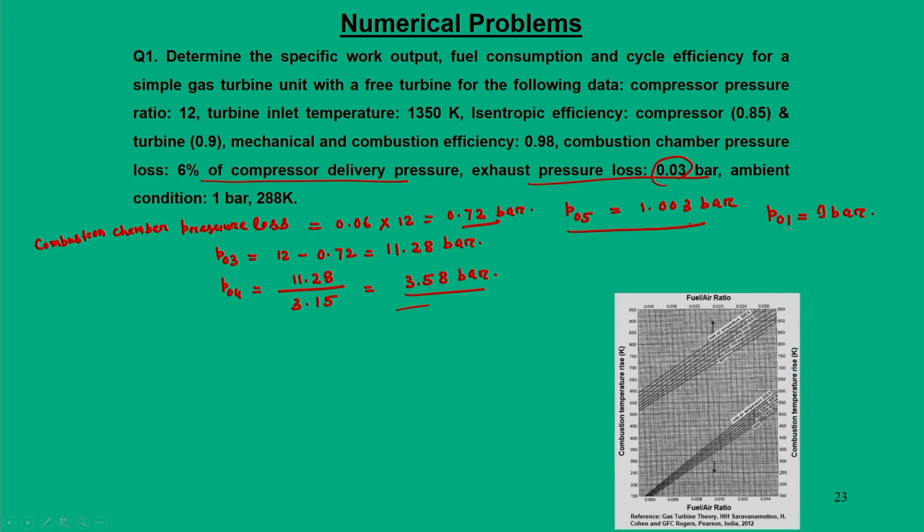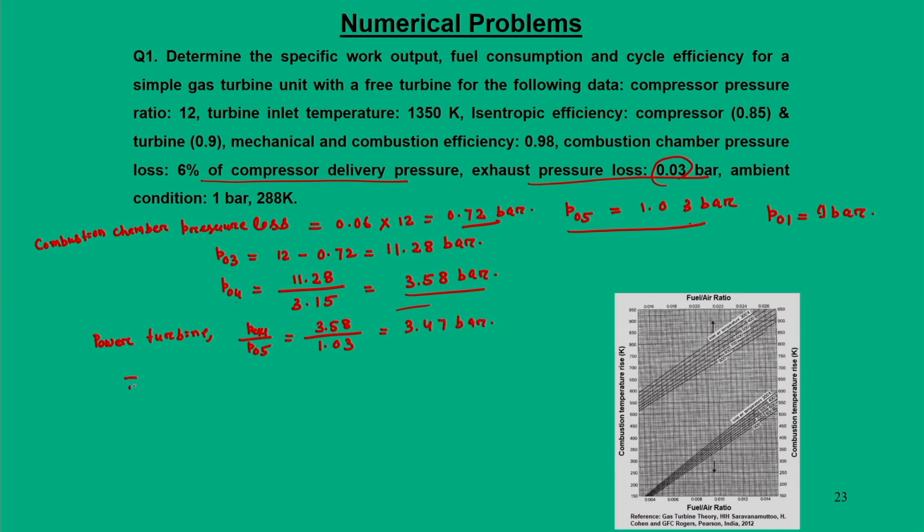So P05 is taken care of, and you know P04 and P05. So for the power turbine we can find P04 by P05 as 3.58 divided by 1.003. So this is 3.47.